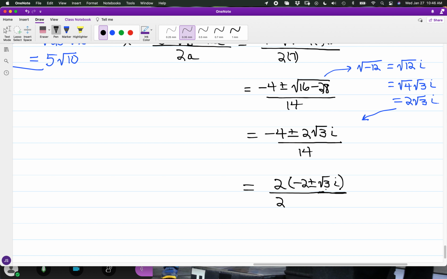And 14 is 2 times 7. Upon reduction, for the end result, I'm just going to leave it in compact notation: negative 2 plus or minus the square root of 3 times i, all over 7.